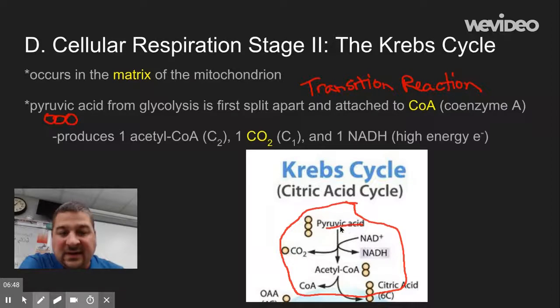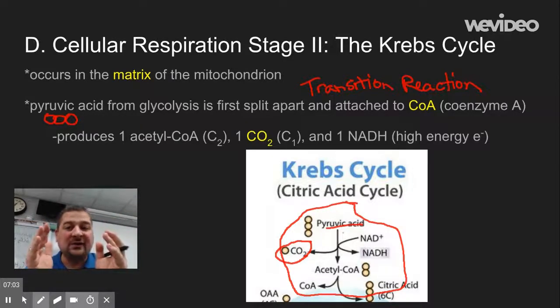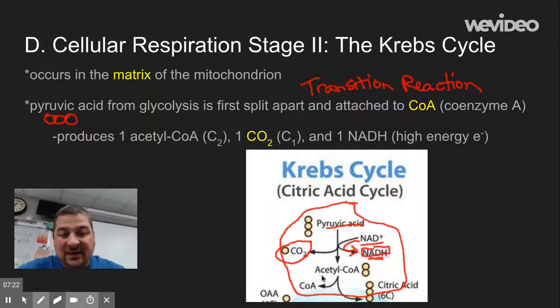They put this first part in with the Krebs cycle, but it used to sometimes be considered separate. So the first step, you're going to take that pyruvic acid and break off a carbon in the form of carbon dioxide. When you break a carbon off, you're going to get some high energy electrons. You're going to harness some of that energy in the form of high energy electrons, which are picked up by NAD plus and made into NADH. This is our electron dump truck, our full electrons. That leaves you with a 2-carbon substance called acetyl.